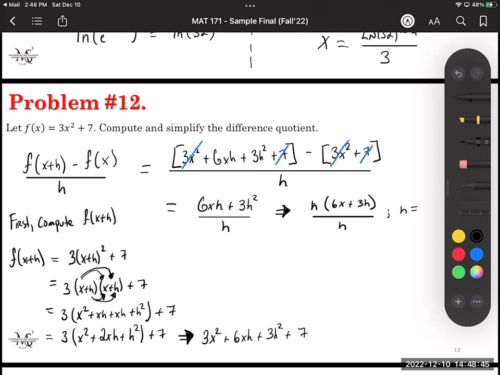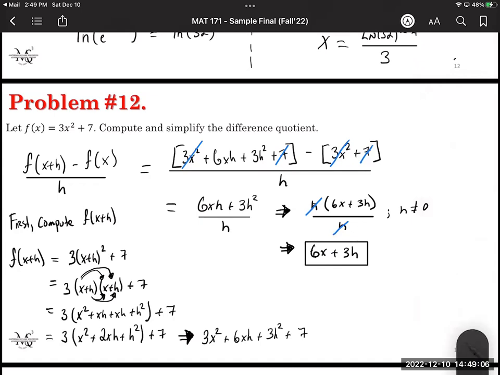Now, as long as h is not equal to 0, what happens to the h that I factor out with the h on the bottom? They cancel out, and whatever you have inside the parentheses now will be your final answer. So that would be 6x plus 3h. And that is the solution to problem 12.